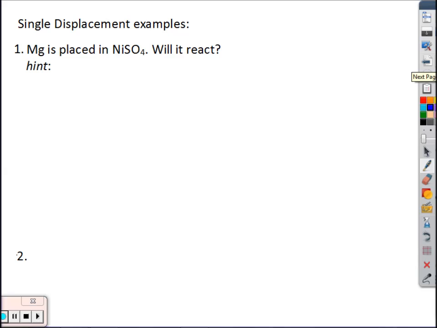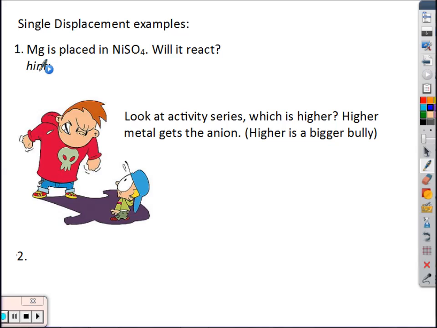Examples of this. Magnesium is placed in nickel sulfate solution. Will it react? So we need to look at the activity series. Which is higher? The higher metal gets the anion. The anion is the special prize. So the bigger bully gets the prize. So we need to find out which one is the bully, nickel or magnesium.